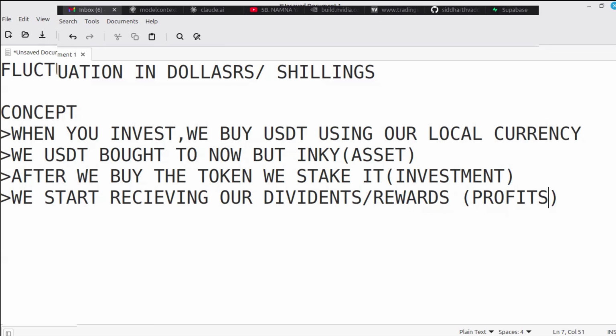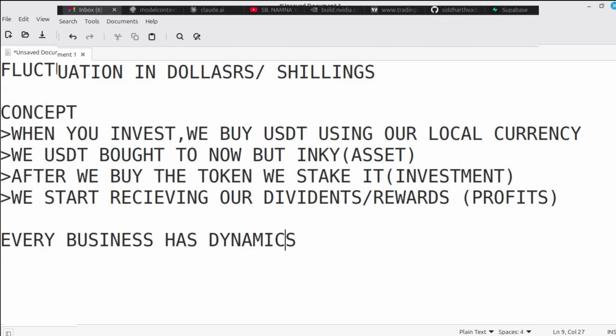Now, one important thing that we have to understand is that every business has dynamics. Not only business, but basically here we're not doing business, but even investment has dynamics. Every business, every investment has dynamics. That is something that we have to understand. That is non-negotiable.